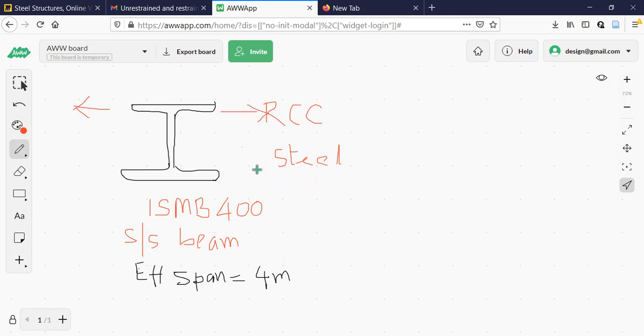Laterally, it cannot move, irrespective of whether the load is applied through the centroid or by mistake applied here on the beam, or like this. Whatever it is, there is no question of any lateral movement of the compression zone. Laterally, it will not buckle.